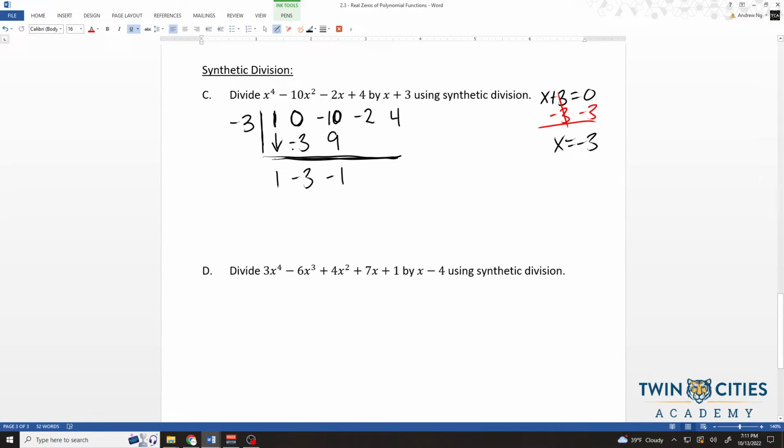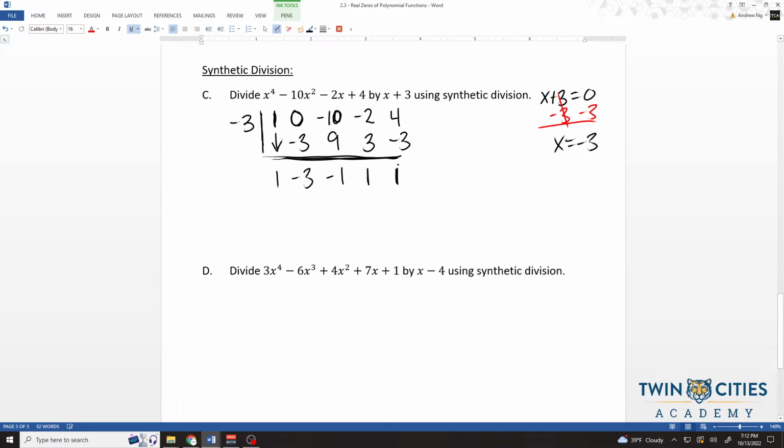Negative 3 times this negative 1 is going to make positive 3. Add straight down. Negative 2 plus 3, that's going to make positive 1. Multiply diagonally, 1 times this negative 3, that'll be negative 3. And finally, add straight down, 4 plus negative 3, that's going to make a positive 1.